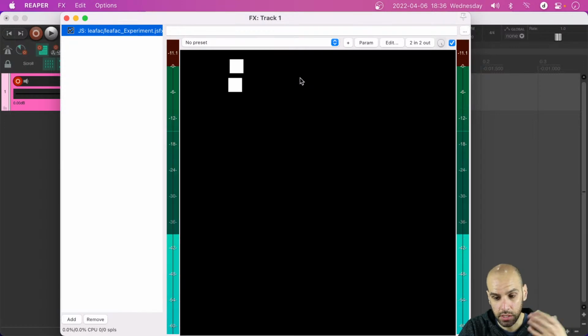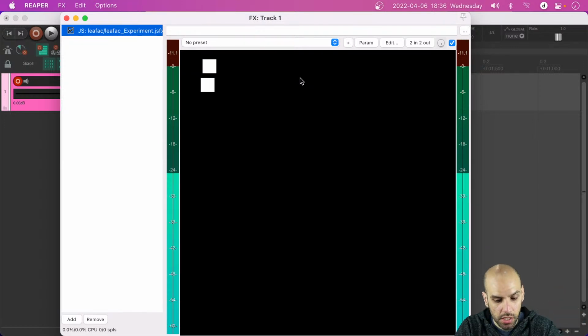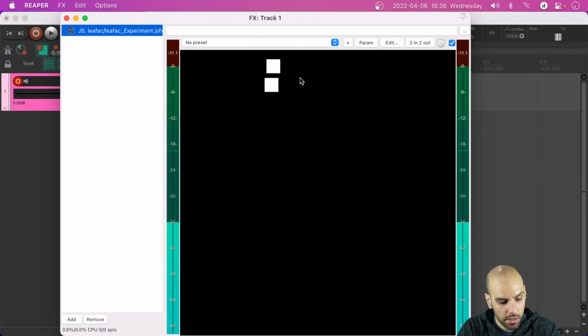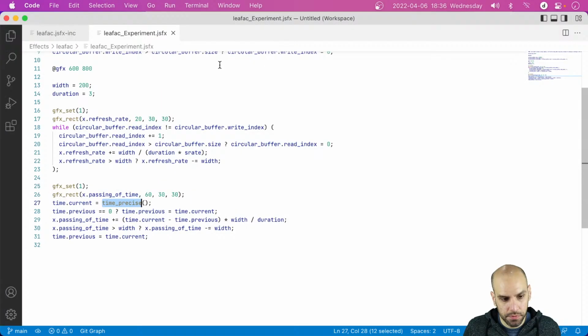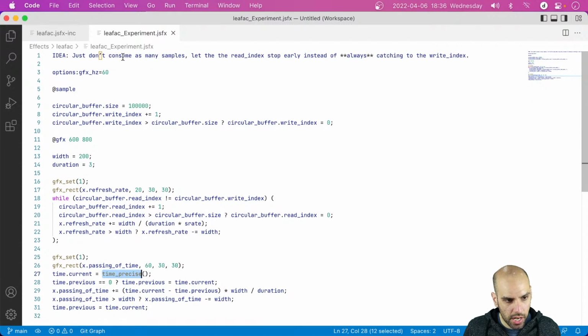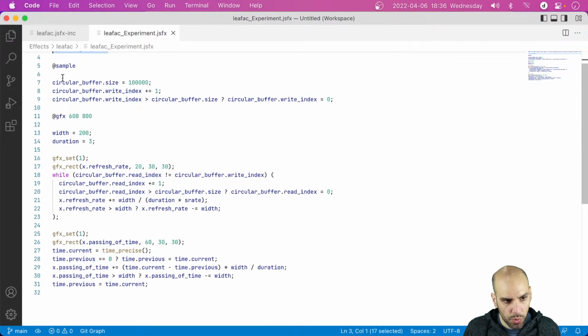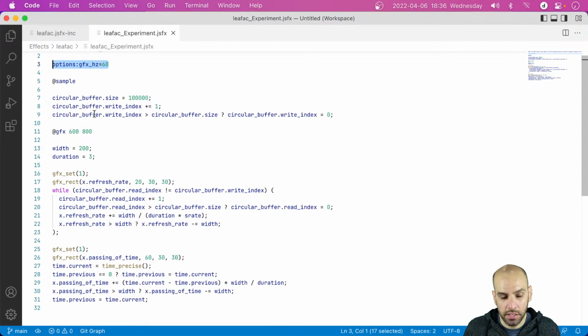And note, this is I guess the crucial point, note that the passing of time, so we are asking JS Effects to run our GFX block 60 times a second, but there is no guarantee that it's going to run at exactly 1/60th of a second. There is no timing guarantee between the frames. One of them may be ahead or one may be behind.